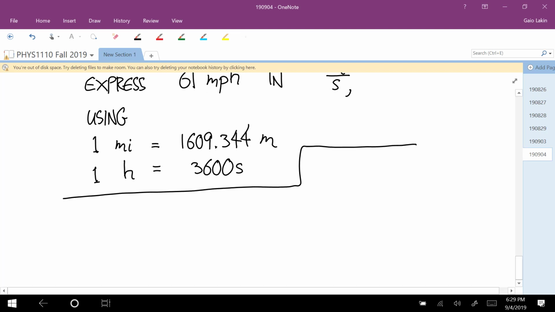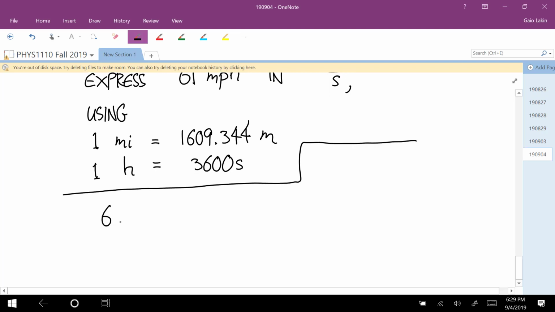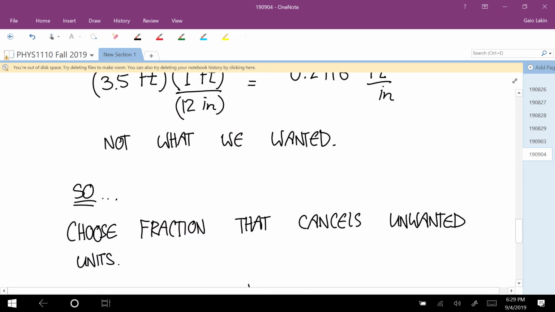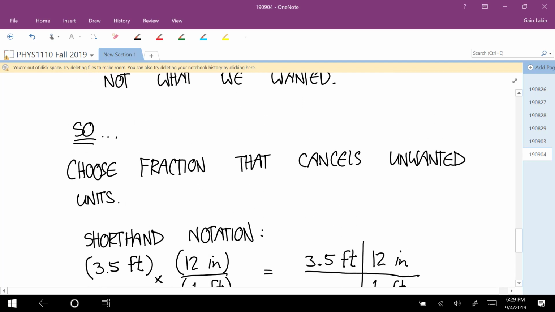Okay, so just like I did before, I'm going to start out with the given quantity. So we have 61. I'll write it as miles in the numerator and hours in the denominator. And this time, in the first example I did, there was just one step we had to take.